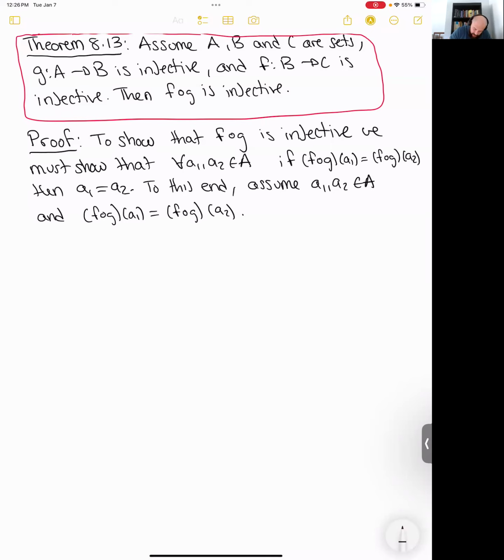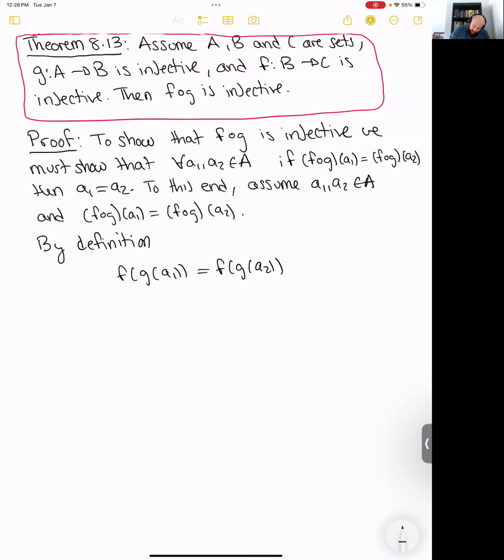Okay, so by definition, this implies that F of G of A1 is equal to F of G of A2, right?